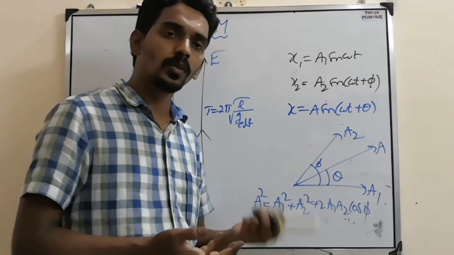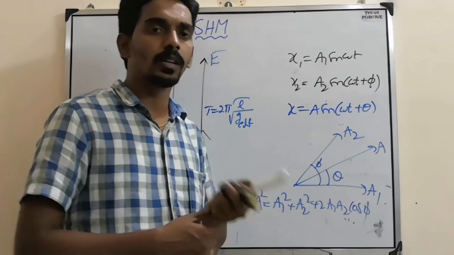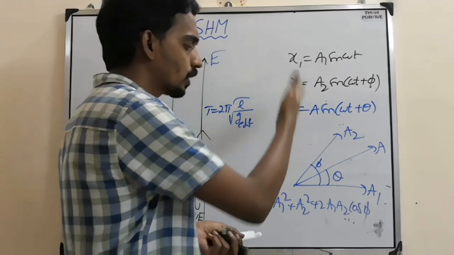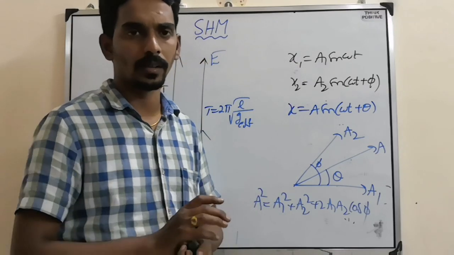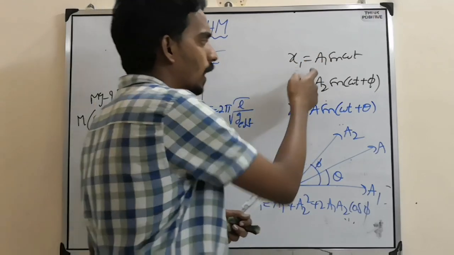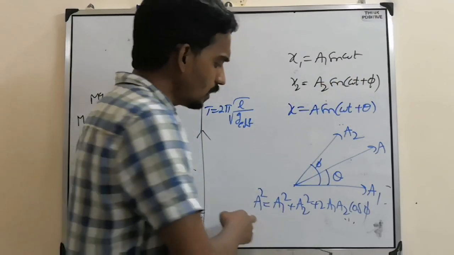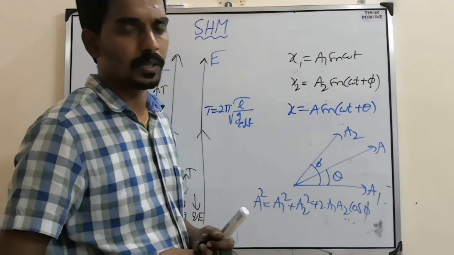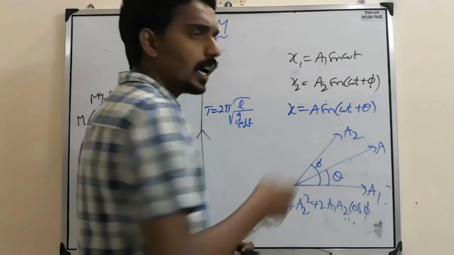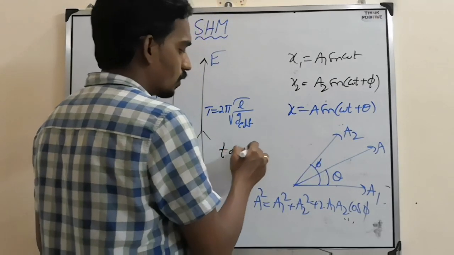If you know vector rules, the triangular law of vector addition, the parallelogram law of vector addition, you can do this question very easily. You have to check what the two equations are, what the two amplitudes are, and what the phase difference between them is. Then you can find the resultant amplitude. And if you want to find theta, there is a formula from the parallelogram law.